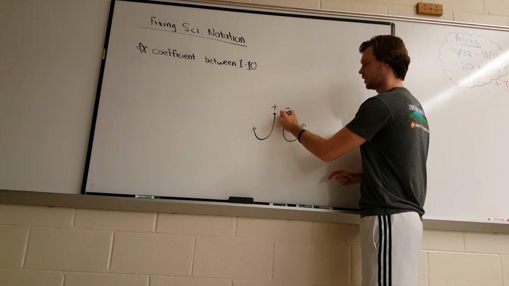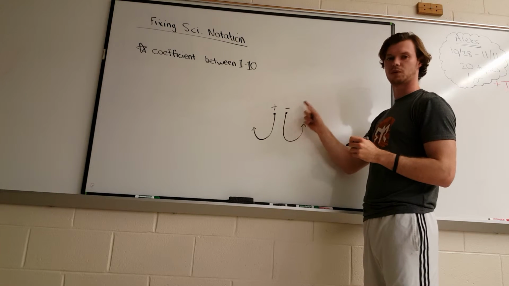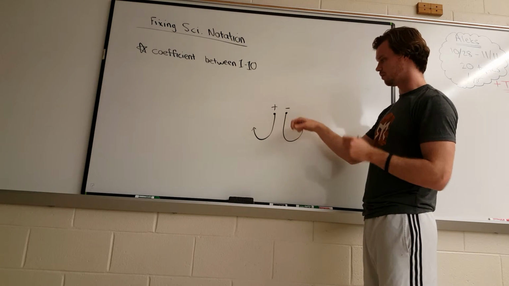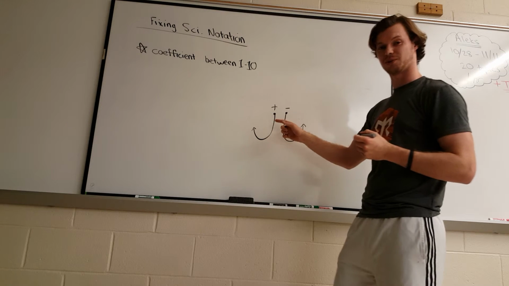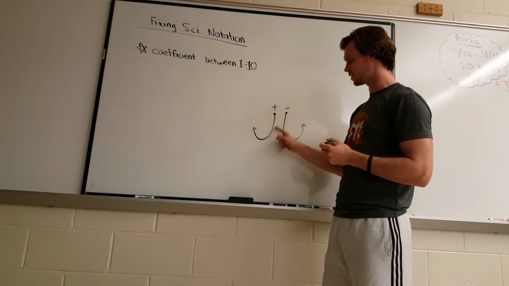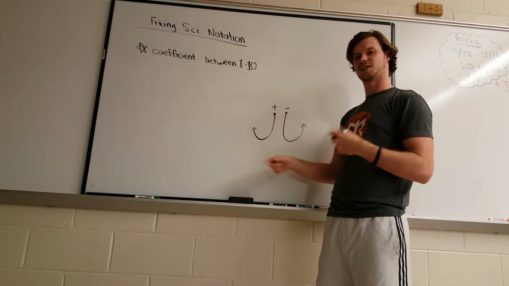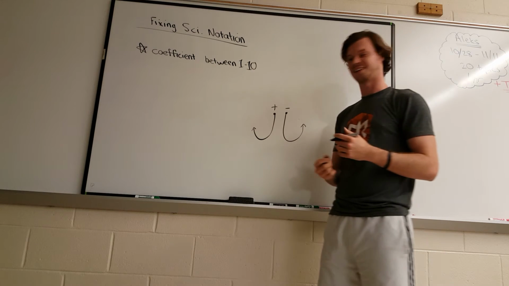But if you need to move your decimal point one spot to the right, you will subtract 1 from your exponent. I just came up with a rhyme right now. One way you can remember this is like a J, right? J plus, remember the J plus to get an A plus. It rhymes, I like it.